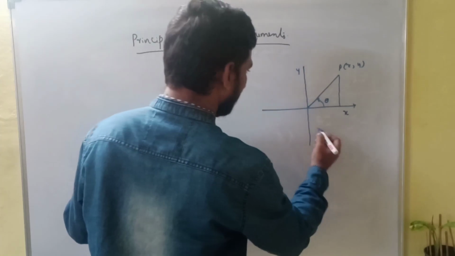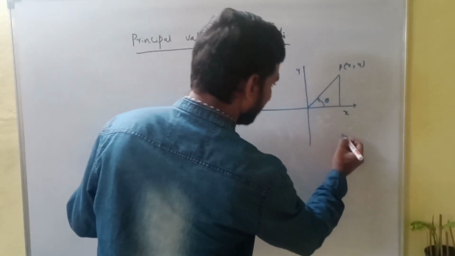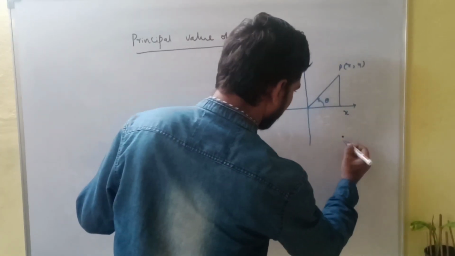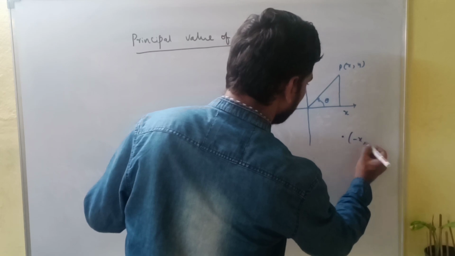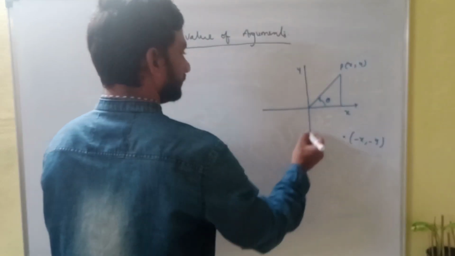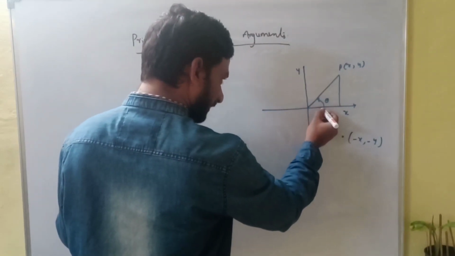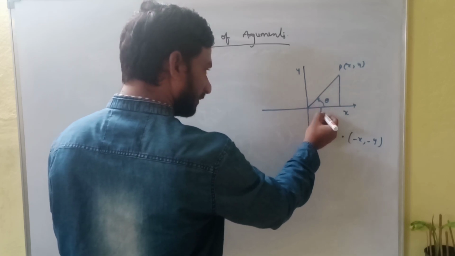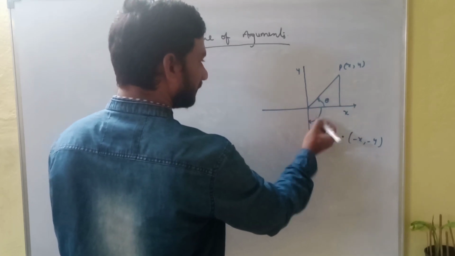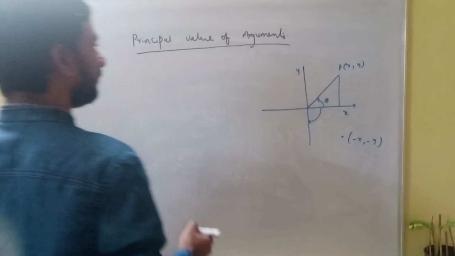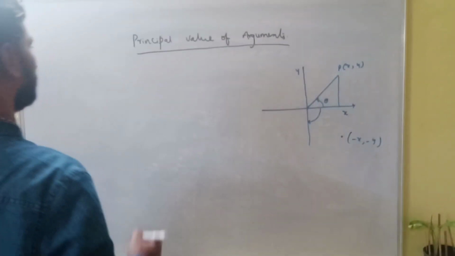If the complex number lies in the fourth coordinate, that means x comma minus y, and I measure this argument in the clockwise direction, then your argument will become negative.